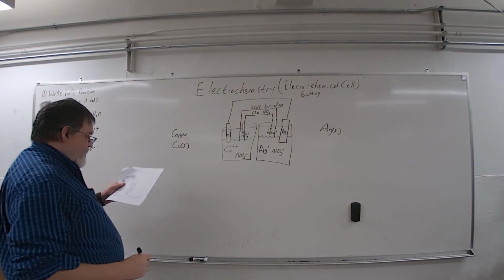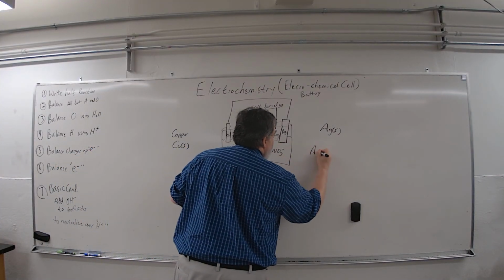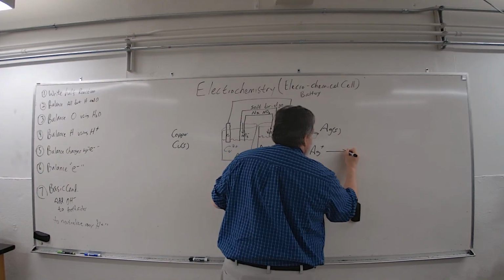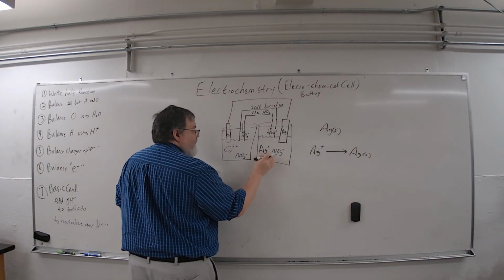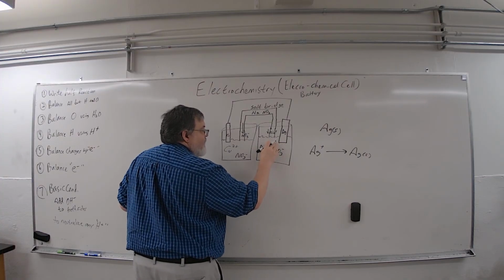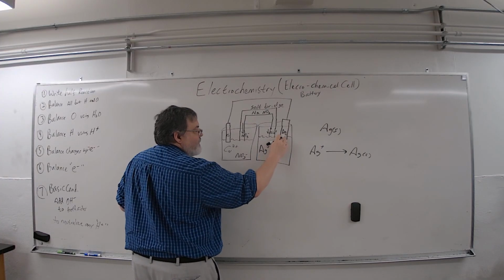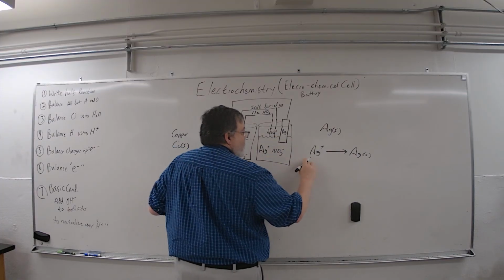Ag plus is going from... so the Ag ions that are in here actually come over here, and in the process of connecting to the rest of the silver metal, it undergoes this process.